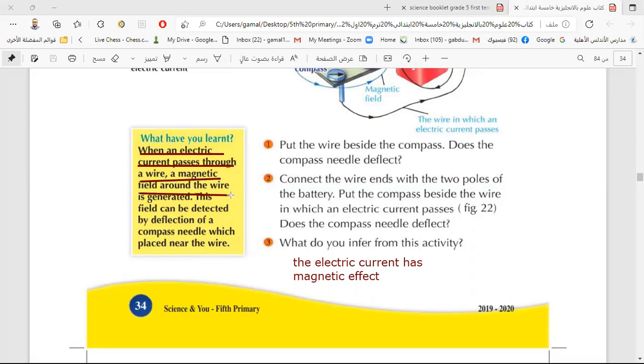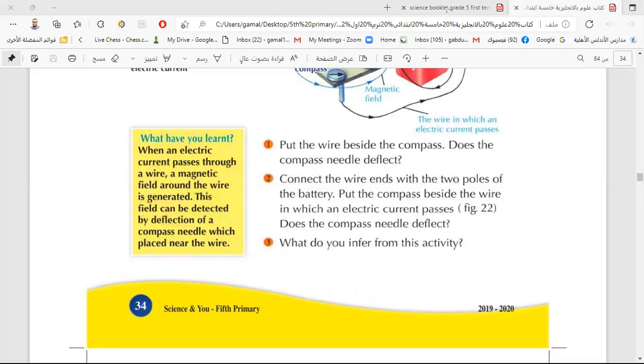This field can be detected by the deflection of the compass needle placed near the wire. So we learn from this activity that the electric current has a magnetic effect.